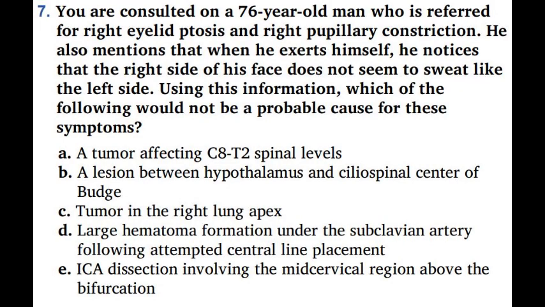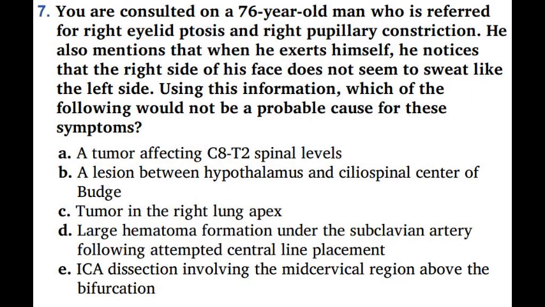The next is a tumor in the right lung apex. That's true, as it affects the second order neuron. Remember, from the spinal center of Budge, the nerve goes through the lung apex, and then under the subclavian to the neck before going to the angle of the mandible.